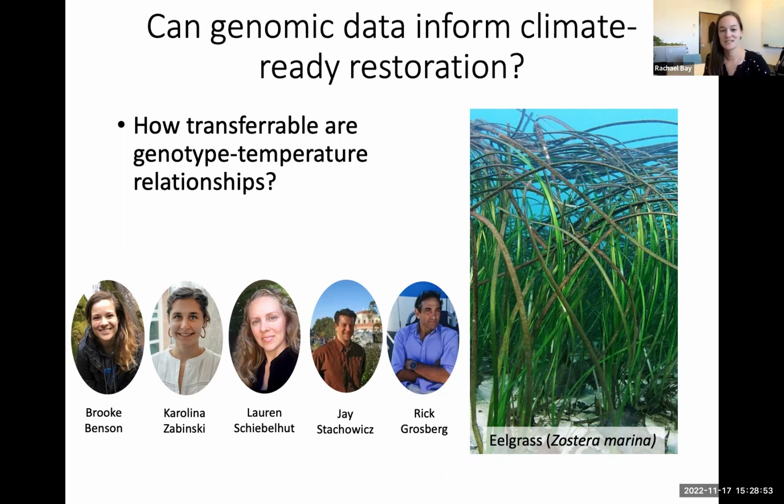One of the interests in restoring is to do that so that new eelgrass beds will be more climate resilient. Functionally, when we're asking that question, we're asking how predictable is response to climate change based on genomics, or how transferable are genotype-temperature relationships.